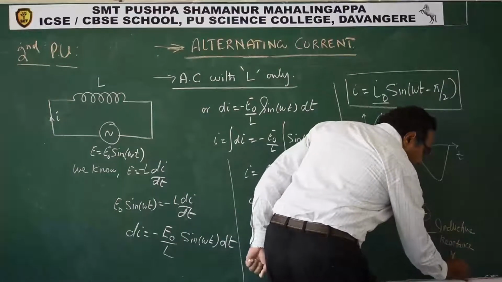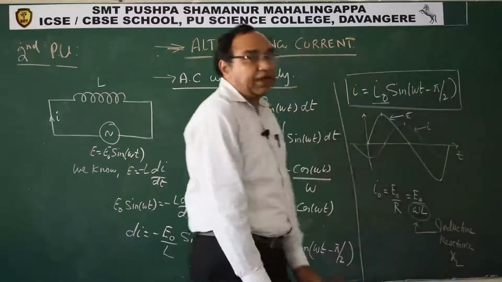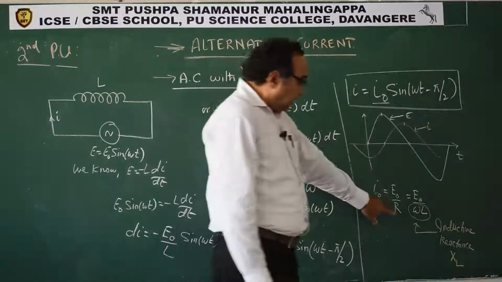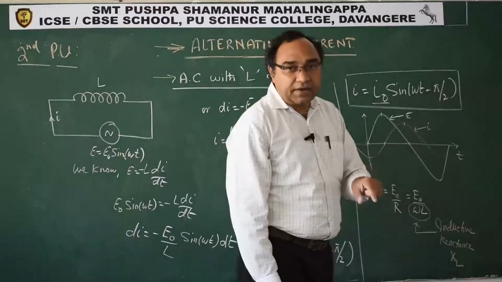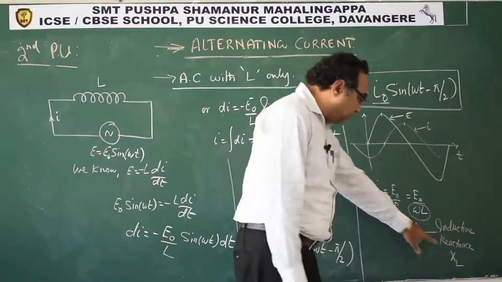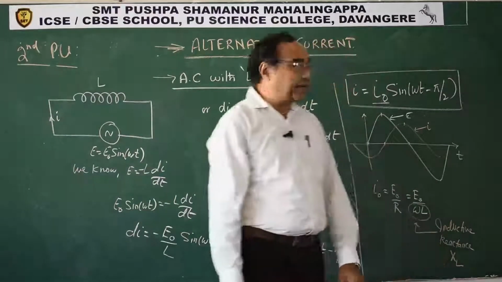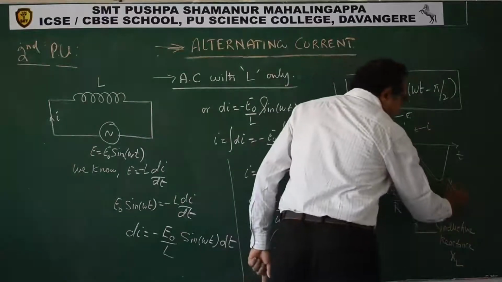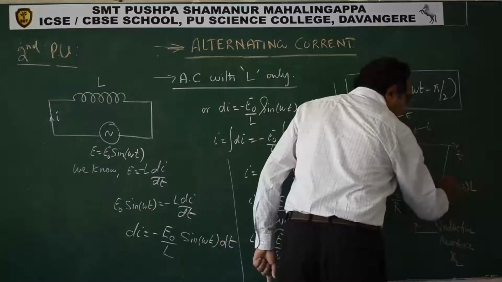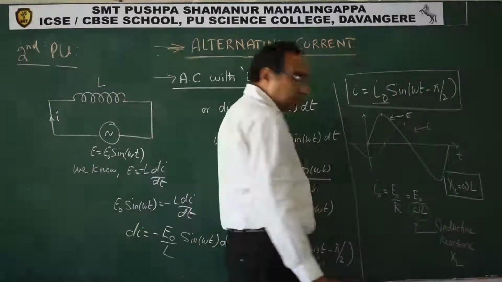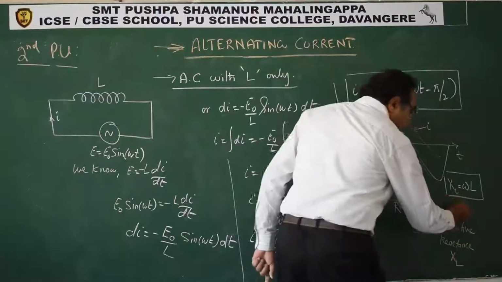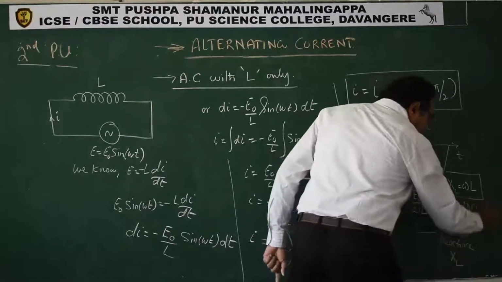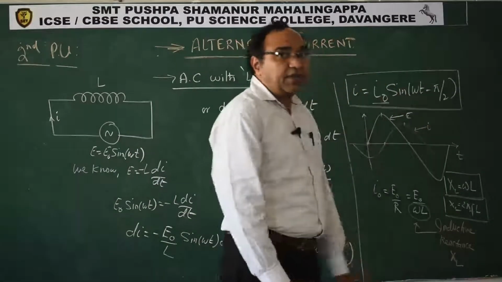It is denoted by X with a subscript L. So, the resistance offered by an inductor to an AC is known as inductive reactance. So, what do we have now? XL is omega L. Omega is what? 2 pi f L.